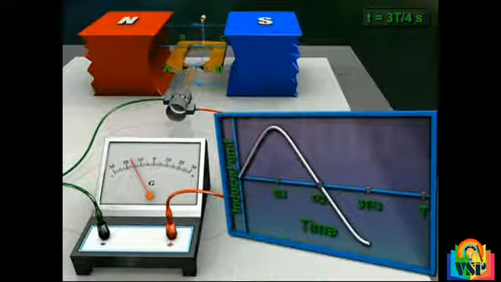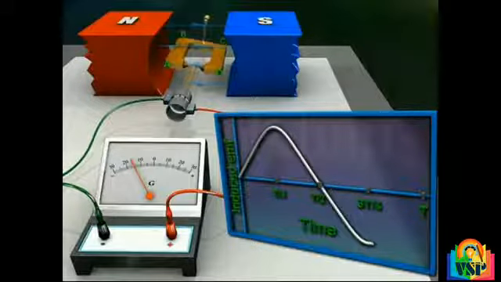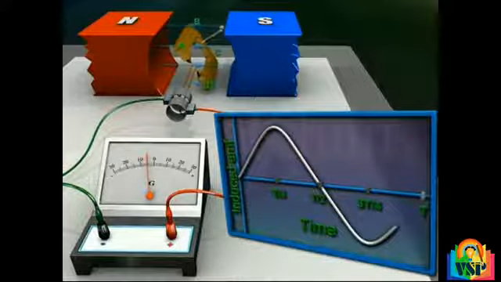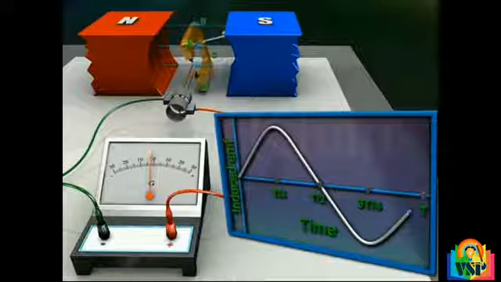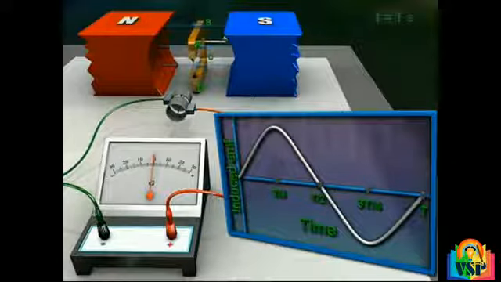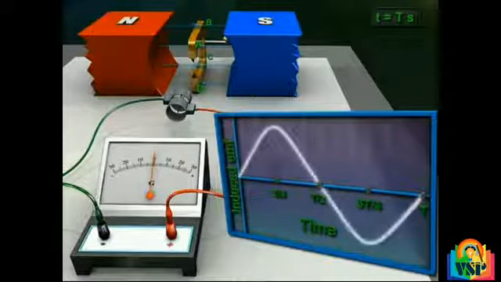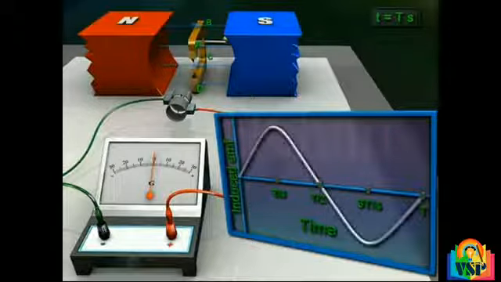Again, it becomes 0 at one complete rotation. Here at 3T by 4 time, that one is maximum in the negative direction, and for one complete rotation, T value, 1 time period, the direction will periodically change.